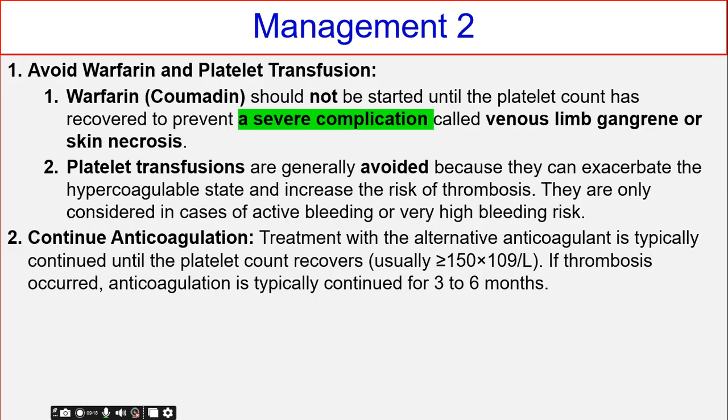After the platelets recover to the normal level, we can start anticoagulation according to the usual regimen of DVT and arterial thrombosis for 3 to 6 months according to the patient condition and the extension of thrombosis. Okay, this is in short the illustration of HIT or heparin-induced thrombocytopenia. Thank you.